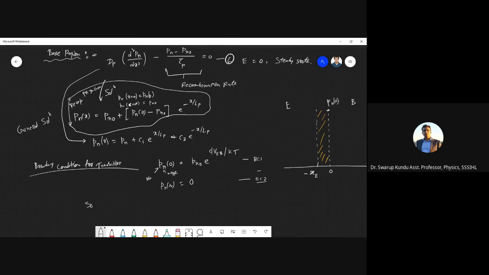So you can solve equation 6 with these two boundary conditions, BC1 and BC2. Try to solve this. I will also try. I have not tried yet, but let's solve this equation and see.